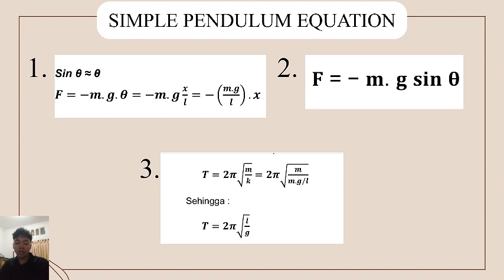And number 3 is the equation for the time period formula of a simple pendulum. T is the time period, M for mass, K for effective force constant, L for length, G for acceleration due to gravity, and pi is 3.14. That's it for the equations of simple pendulum.